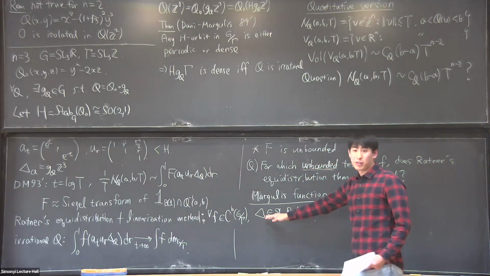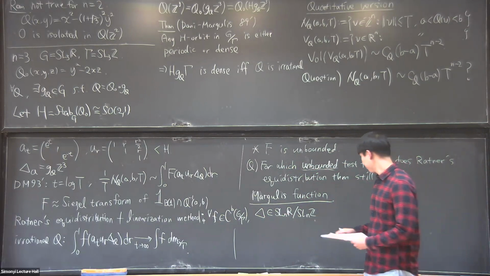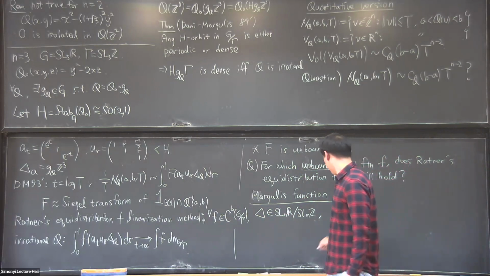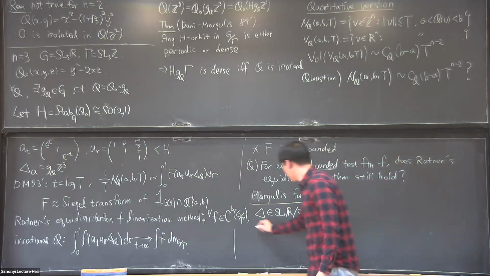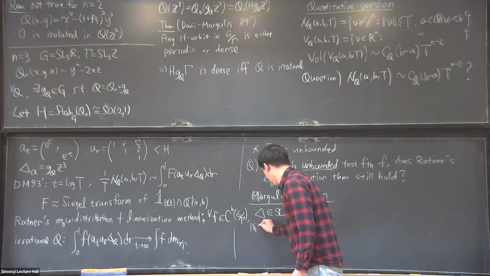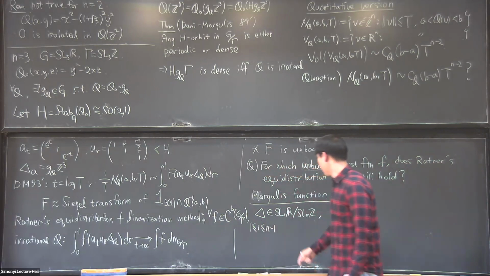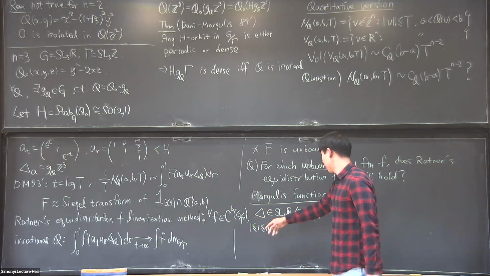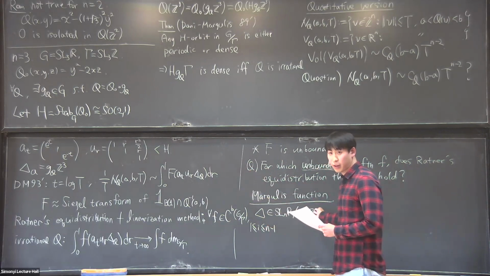So let me take an n-dimensional lattice, delta, and I want to quantify how far this lattice is from infinity in the space of lattices.